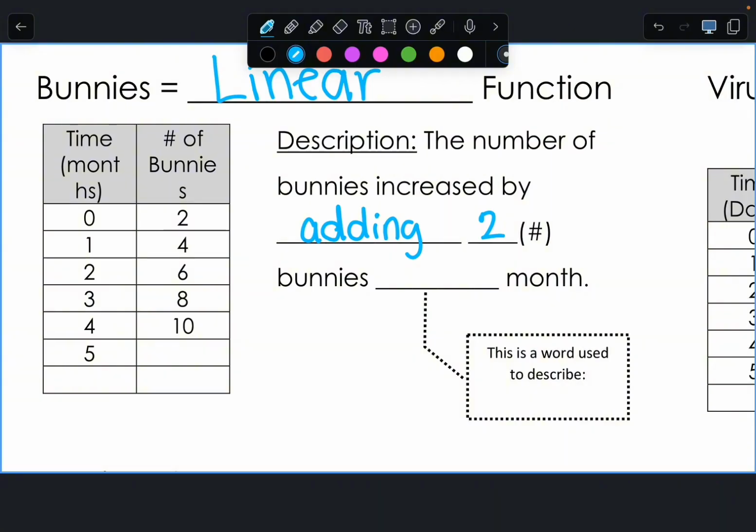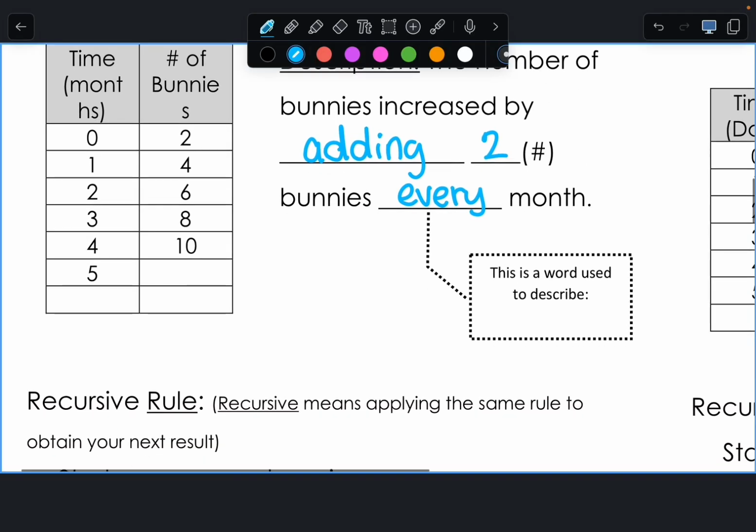Adding 2 bunnies every month. Now, every is a word that we use for what? To describe? Think linear. Each, every, per.